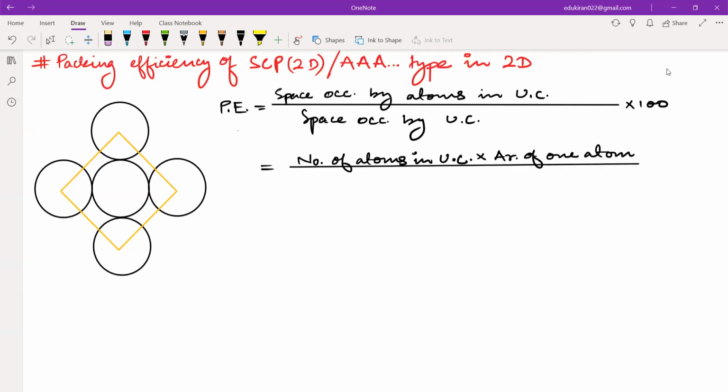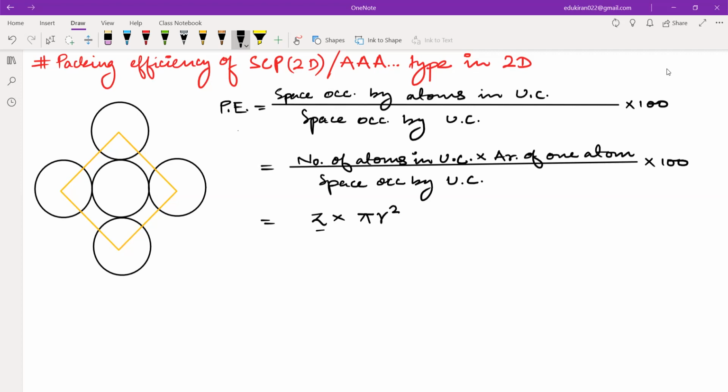Now divide by the space occupied by the unit cell, into 100. This number of atoms is known as Z, into the area of one atom. The atom is a circle here, so that will be pi r square. Yes or no? Yes.